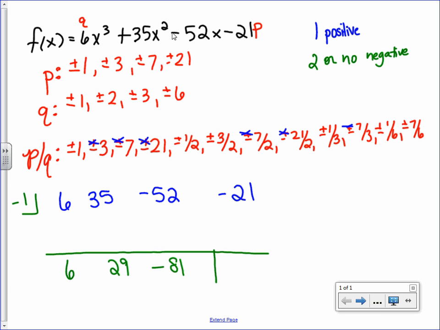Somebody want to try negative 3? 17, negative 51.